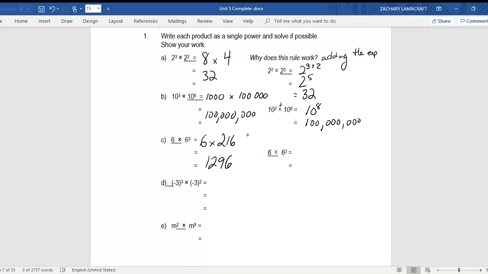Now, if we looked at it with the rule, 6 by itself is just 6 to the power of 1. So it would be 1 plus 3, or 6 to the 4. And if I plug that into my calculator, I would end up with the same answer, 1,296.